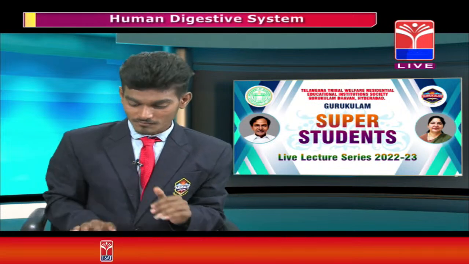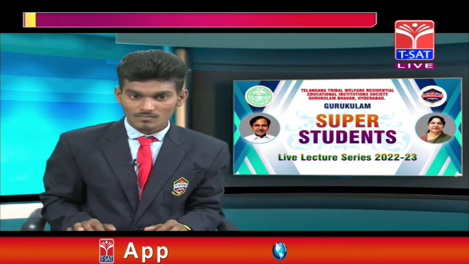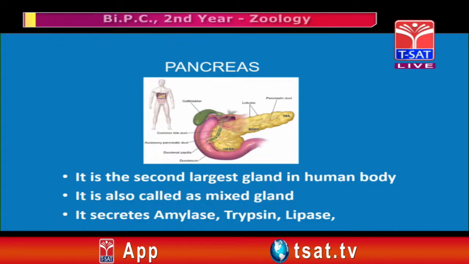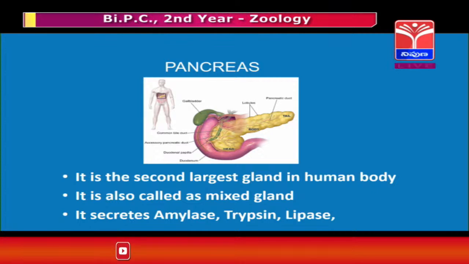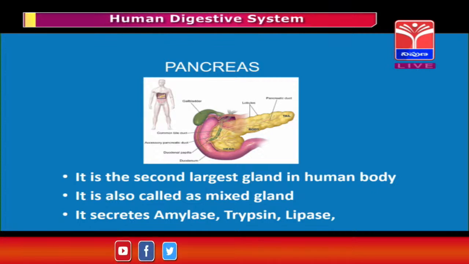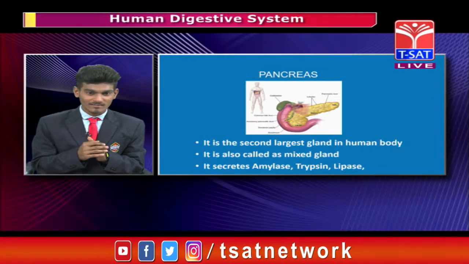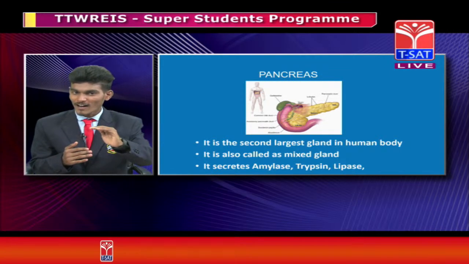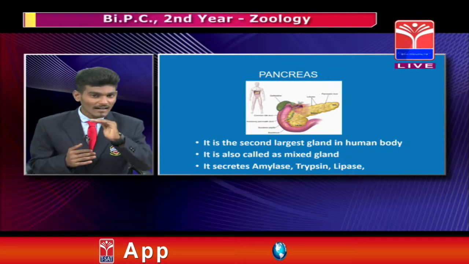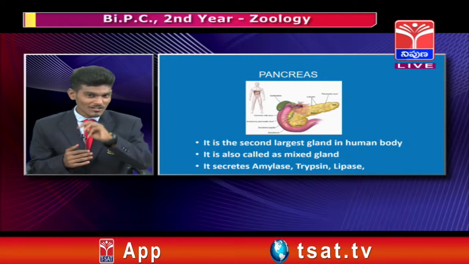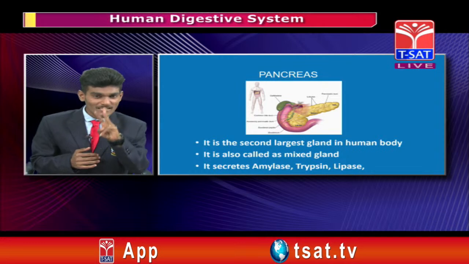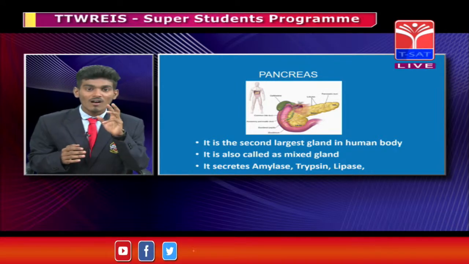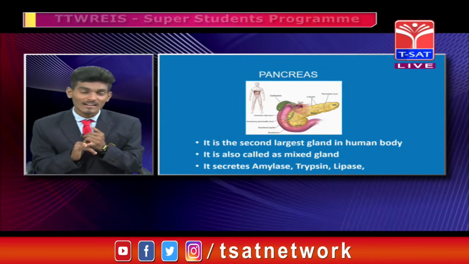Pancreas. The pancreas is also a large gland in the human body. It is also known as a mixed gland. The pancreas secretes pancreatic juice, which contains three enzymes: amylase, trypsin, and lipase.